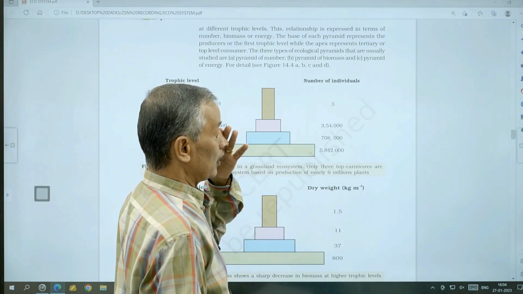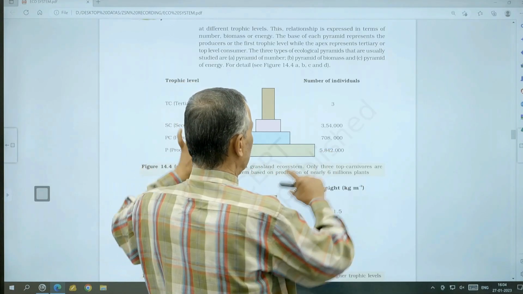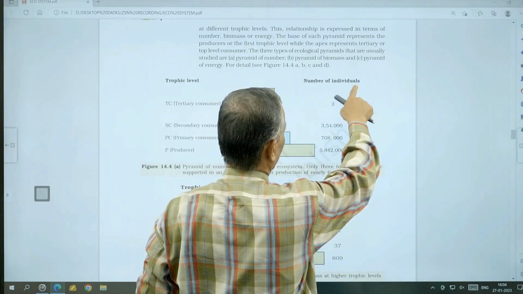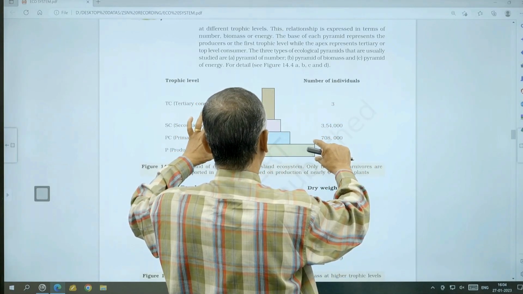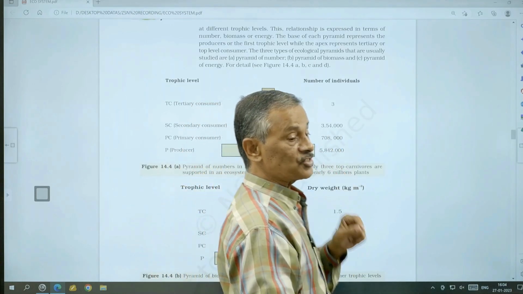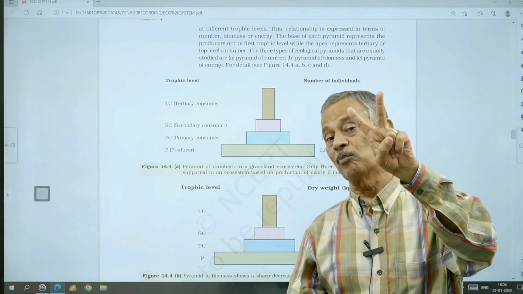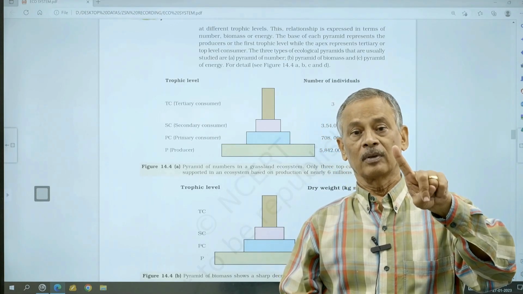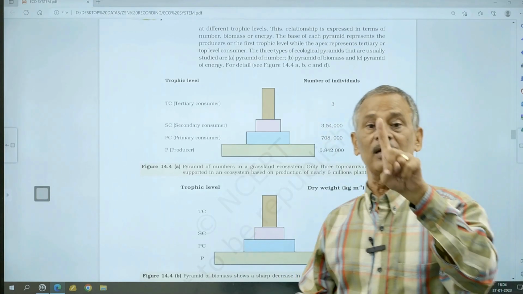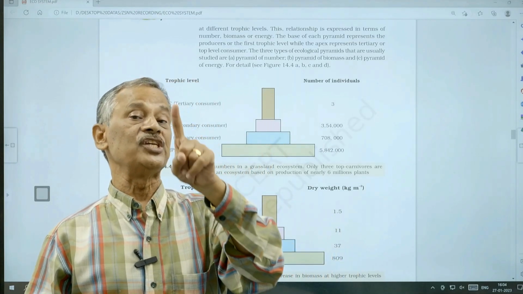In constructing a pyramid, you are making rectangles which are proportional to that value. Say, for example, it is the individual. What is the total number of individuals in the first trophic level? And in constructing an ecological pyramid, you have to take into account two important things. One, it is the trophic level that we are taking, not a particular species.